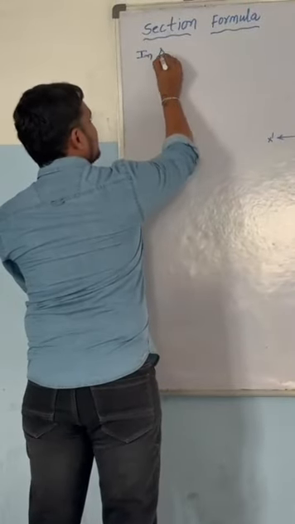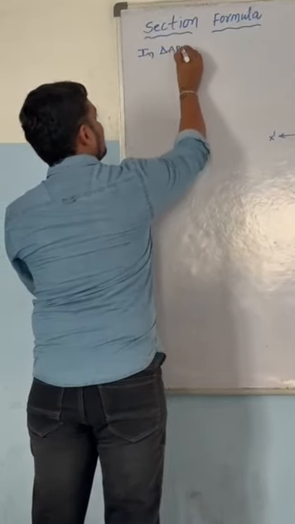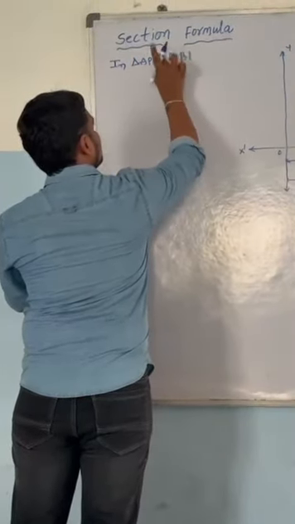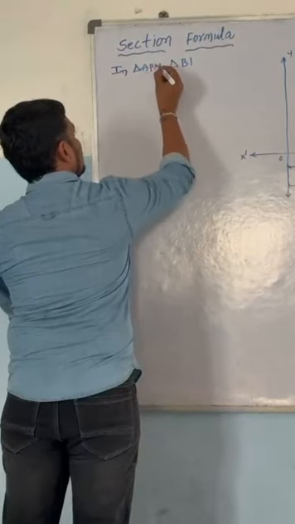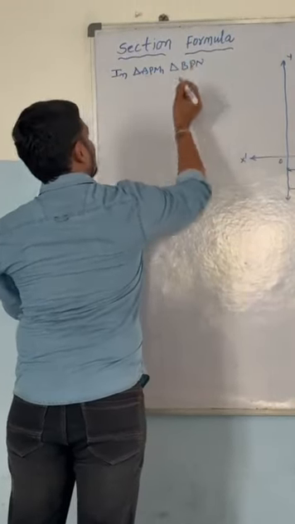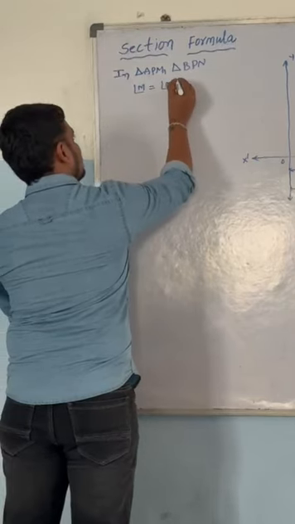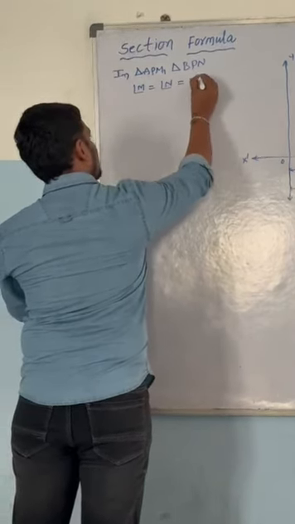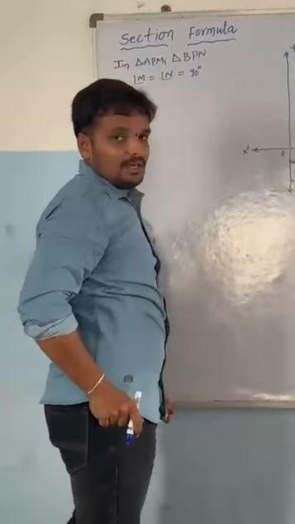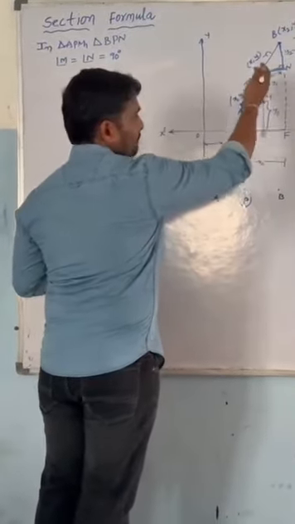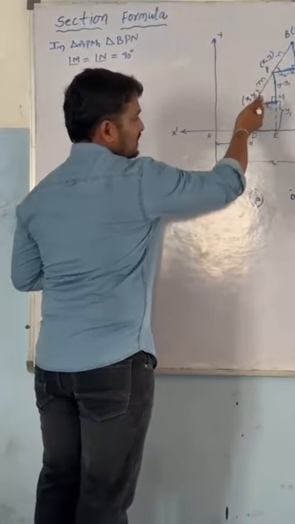In triangles APM and BPN, angle M is equal to angle N is equal to 90 degrees, because those two are right angles. Here AM and PN are the parallel lines and AP is the transversal.